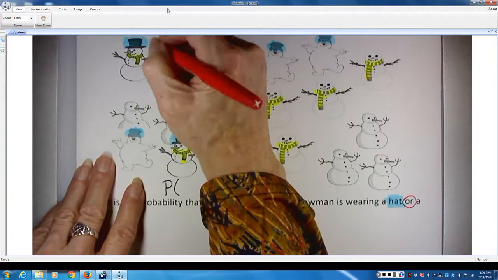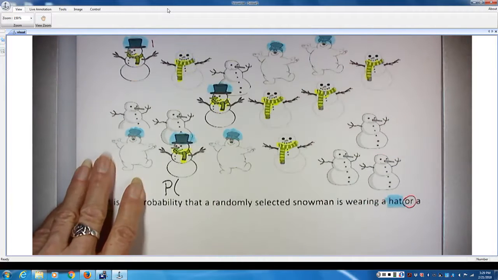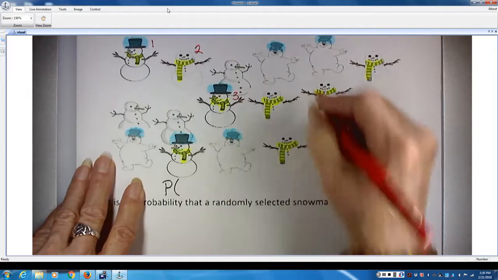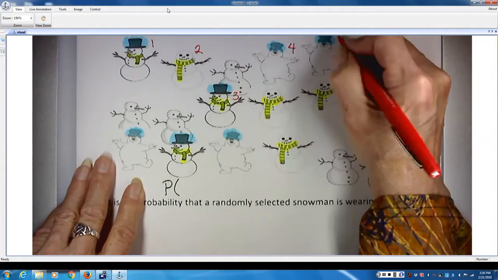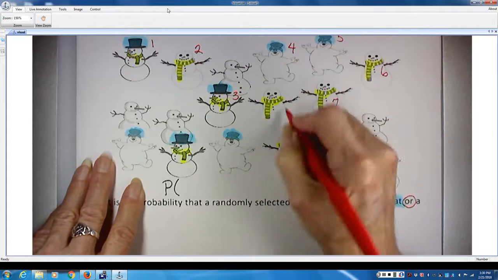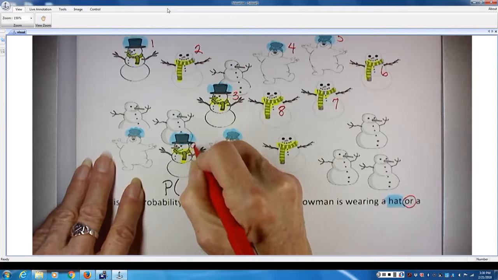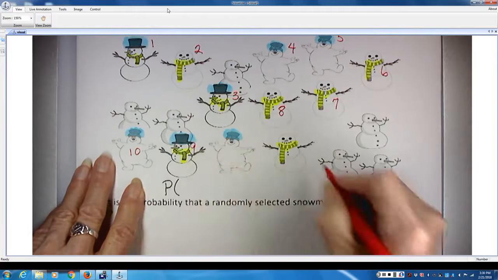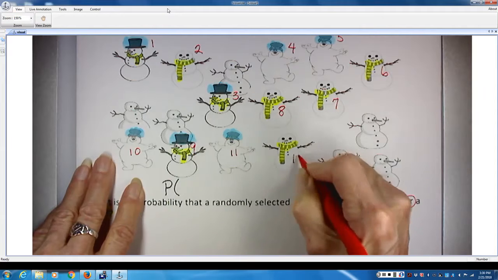So this is snowman number 1. This is snowman number 2. This is snowman number 3, 4, 5, 6, 7, 8, 9, 10, 11, 12.